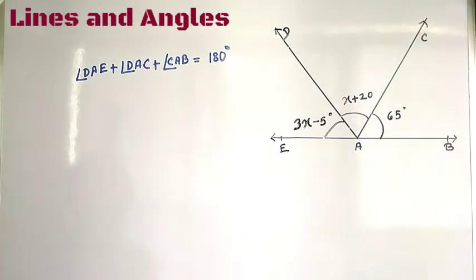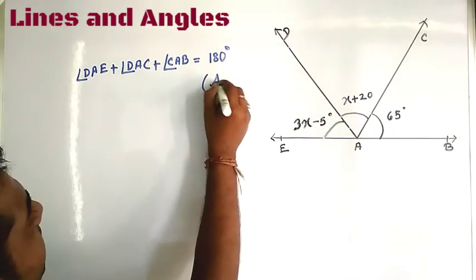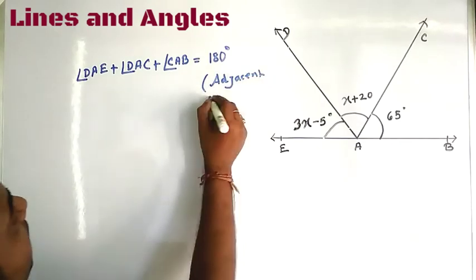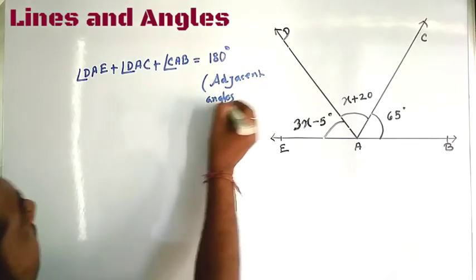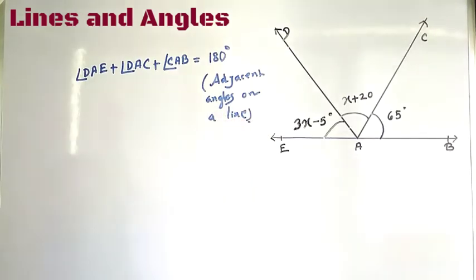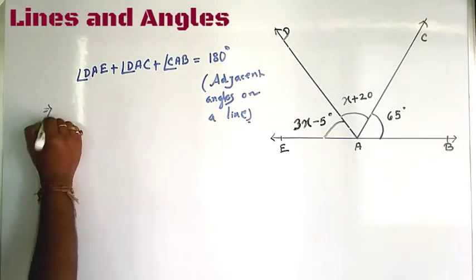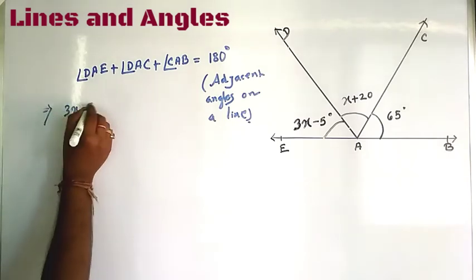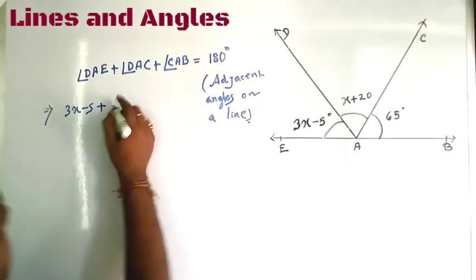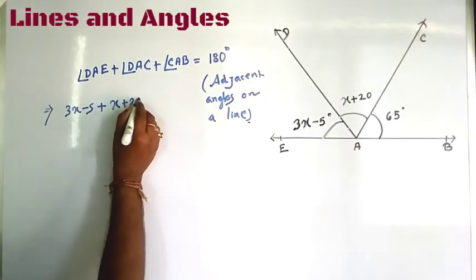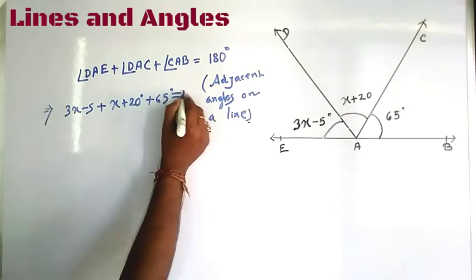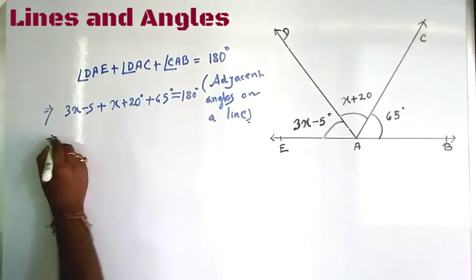Adjacent angles on a line. So from that property, 3x minus 5, just replacing the values. Value of DAC is x plus 20, plus 65 degree equals 180 degree.